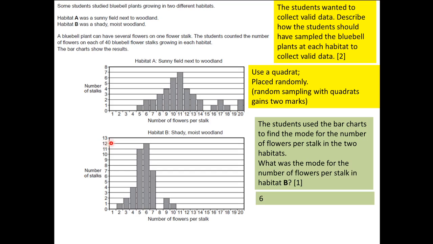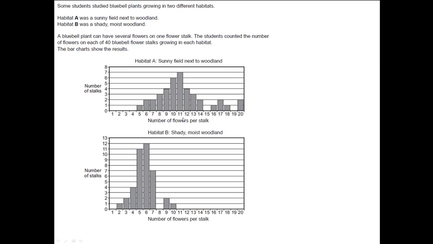I'm kind of used to seeing the mode on the y-axis, but that just means 12 plants had 6 flowers per stalk. Fortunately, I went back to check the accuracy of my PowerPoint, and I spotted it, so I know 6 is correct. So 6 flowers was the mode. It was 11 for the other one though, so almost twice as much.